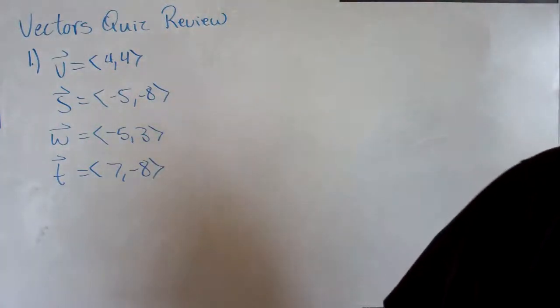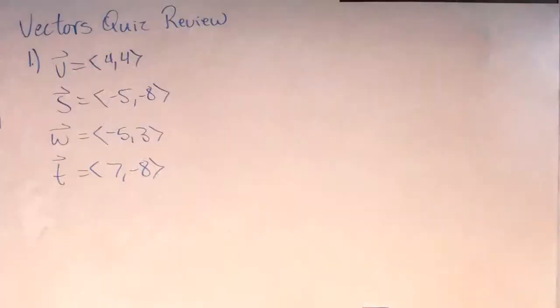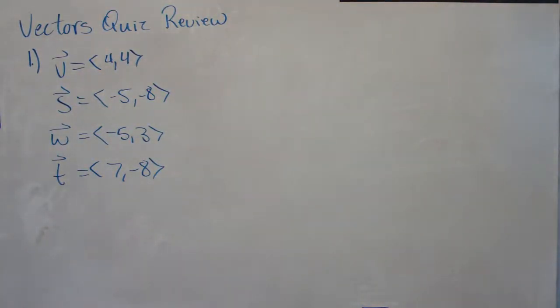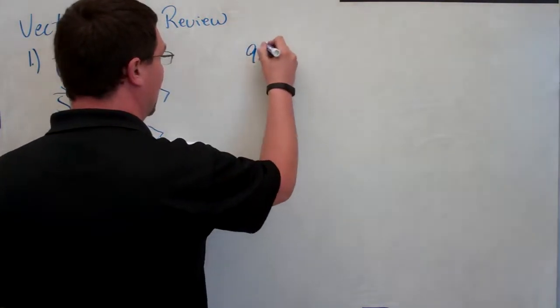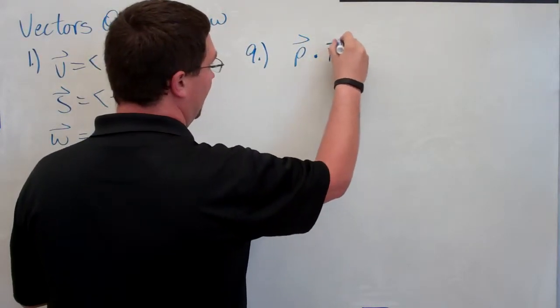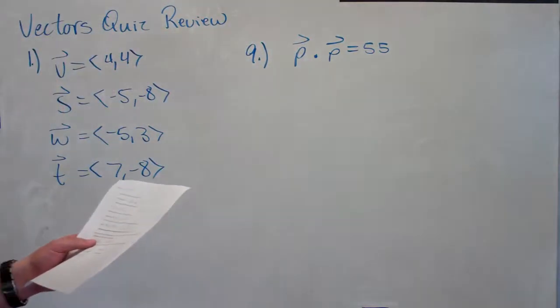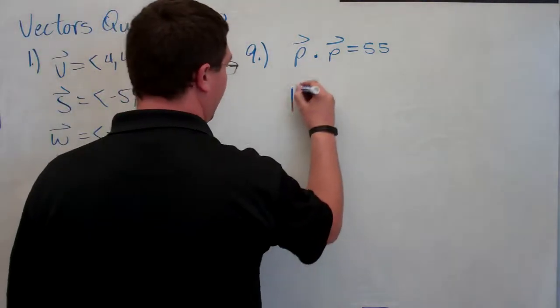Number 9 says, suppose vector P has a property that P dot P equals 55. Use this property of dot product to calculate the magnitude.